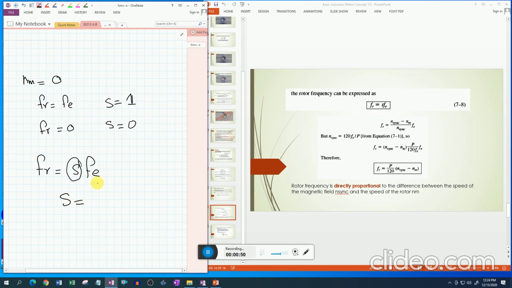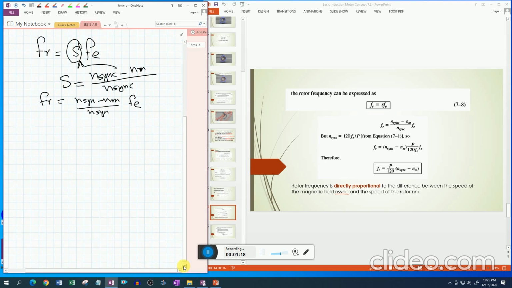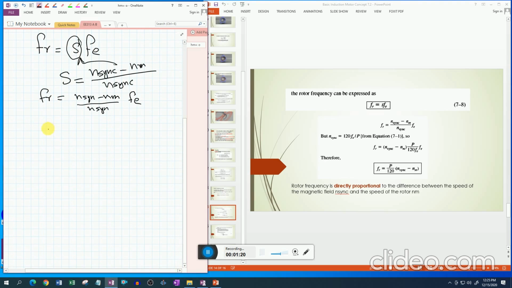s is equal to, we already studied, (n synchronous minus nm) divided by n synchronous. So putting this here, fr will become (n synchronous minus nm) divided by n synchronous, times fe. As we know, n synchronous, which is the magnetic field speed, is 120 fe over p.